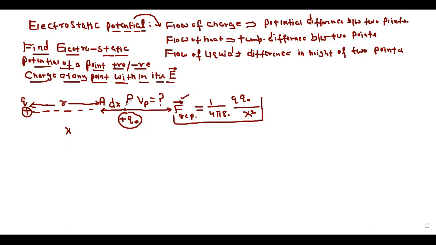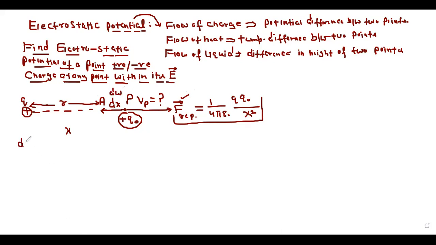So definitely I have to do work against the repulsive force. What is that work? Because the distance is small, the work done will also be small, dw. Now first I will find out what this dw is.